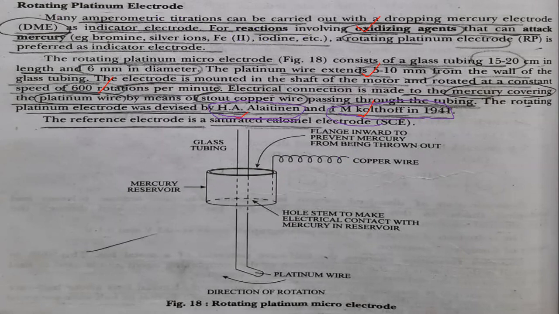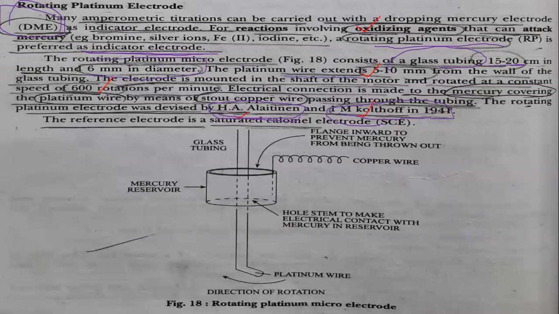Many amperometric titrations can be carried out with a dropping mercury electrode as the indicator electrode, but for a reaction involving an oxidizing agent that can attack the mercury, a rotating platinum electrode can be used. The rotating platinum microelectrode consists of glass tubing 15 to 20 centimeters in length and 6 mm in diameter.